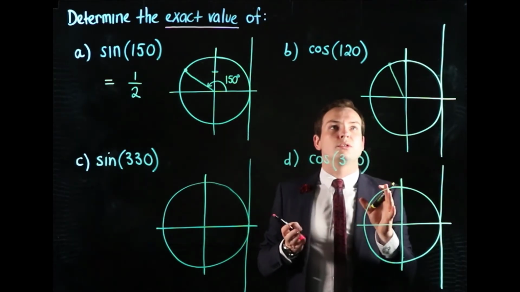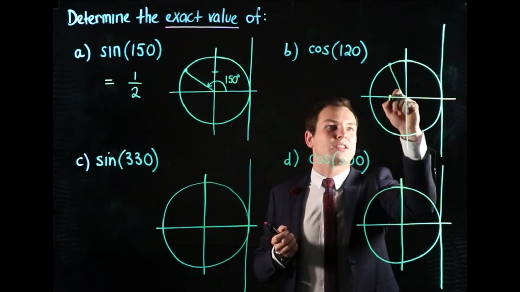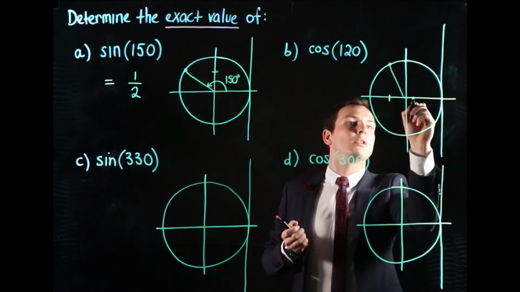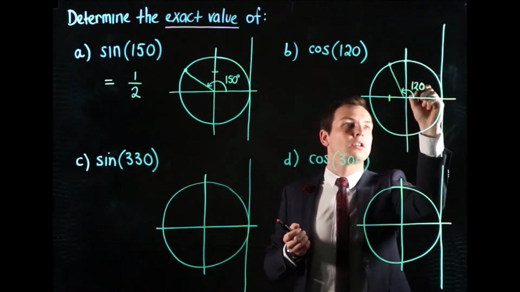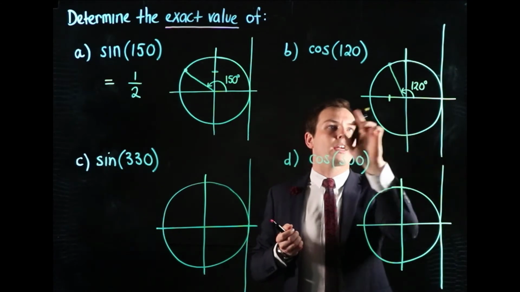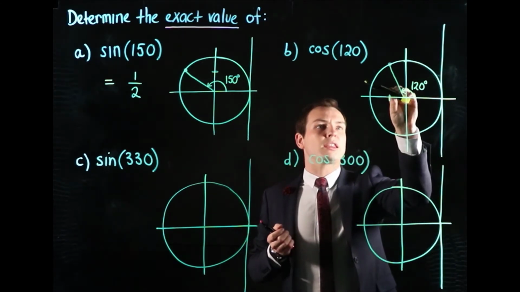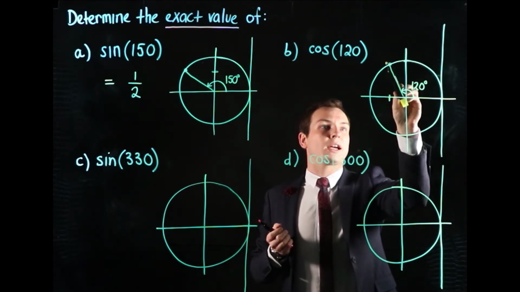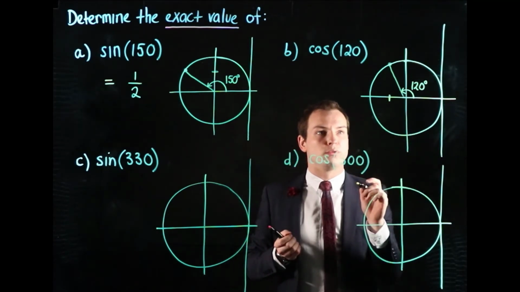Now we're going to think cosine is read off the x-axis. So that's the value there that we're looking for. So 120 degrees is our angle, and we're looking for the cosine of that value, which means we're looking at the x-axis. If we think that's 30 degrees back, 45 degrees back, and 60 degrees back, that gives us the smallest cosine value, which is also root 1 on 2.